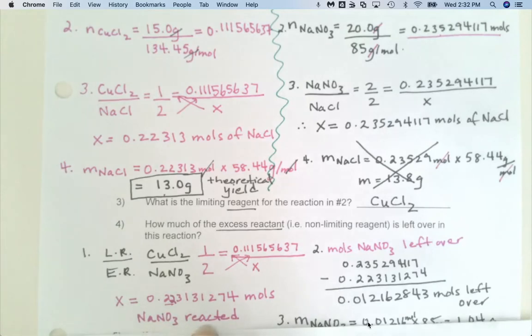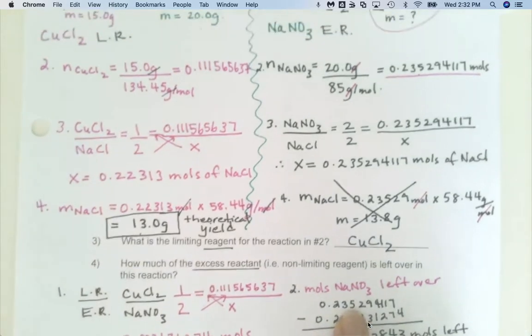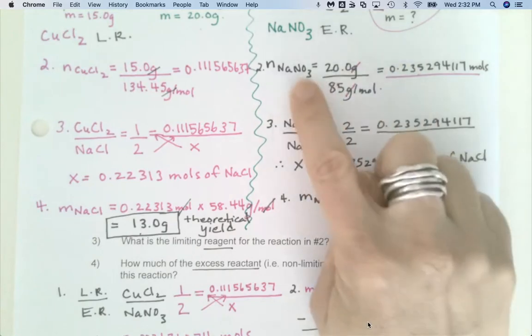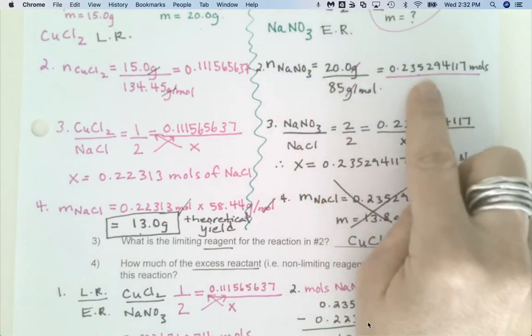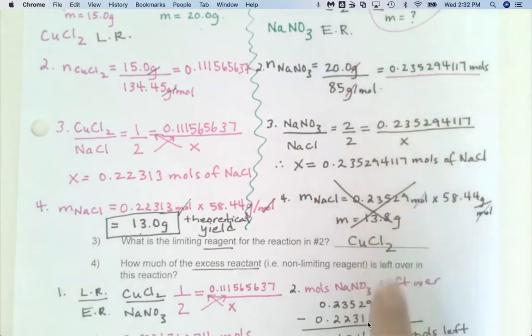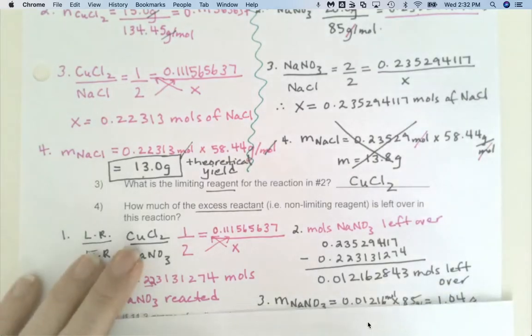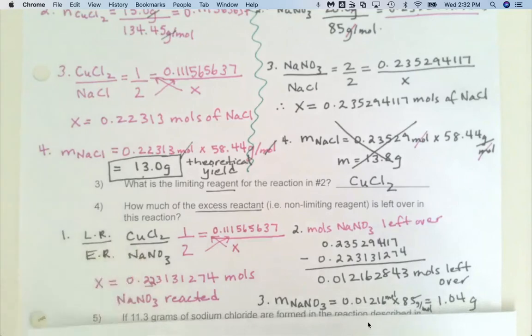We want to figure out how many moles are left over. So I go back to the original mole value that I calculated for sodium nitrate. This is how many moles I had to begin with. I subtract how many moles reacted, and I get how many moles of sodium nitrate are actually left over. Then I want to convert that back into a mass.